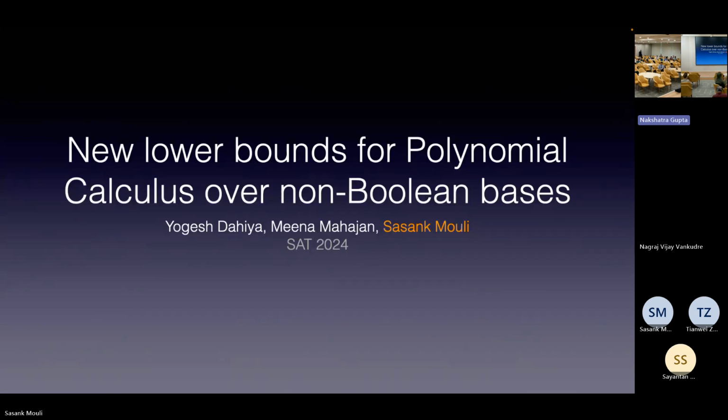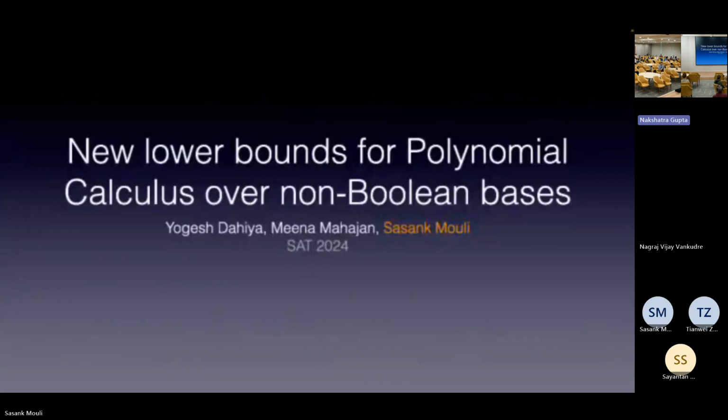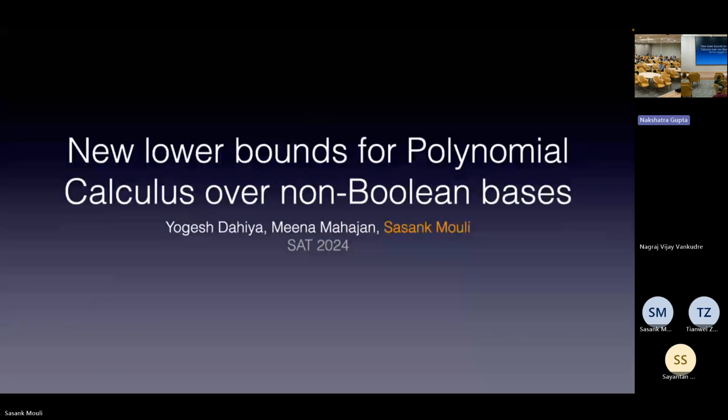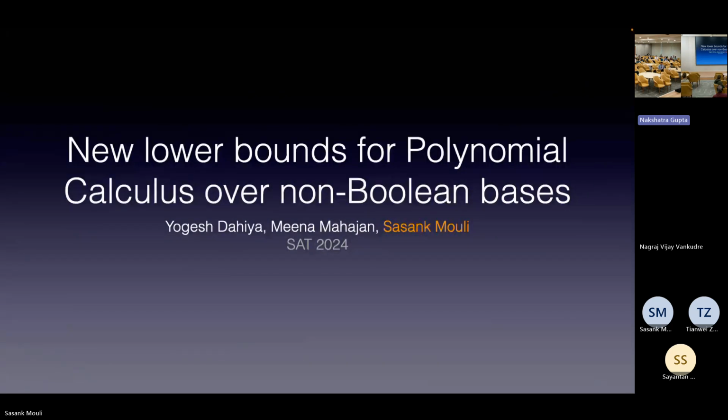But in our work and prior work, we have been investigating when values are taken which are not 0 1. It could be plus minus 1, or it could be from some other finite field. I'll get into why that is interesting. This is joint work with Yogesh and Meena.